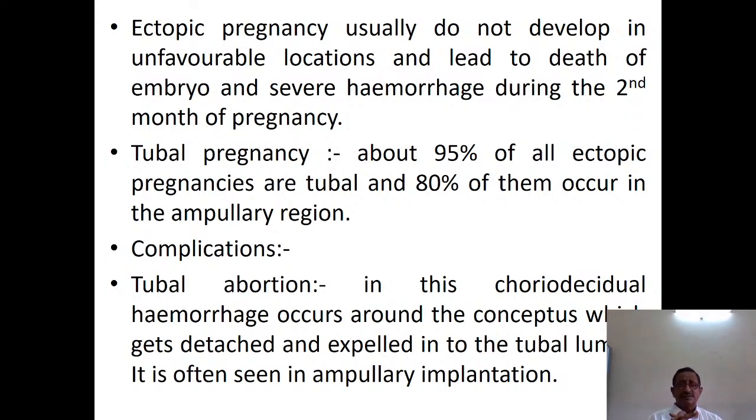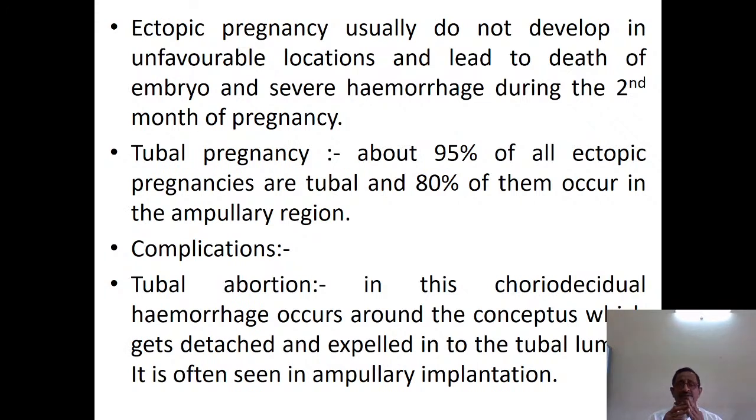Now, tubal pregnancy. The most common ectopic pregnancy is tubal pregnancy, about 95%, and of the tubal pregnancies, 80% are in the ampullary region. This tubal pregnancy in the ampullary region will develop up to the second month of pregnancy.